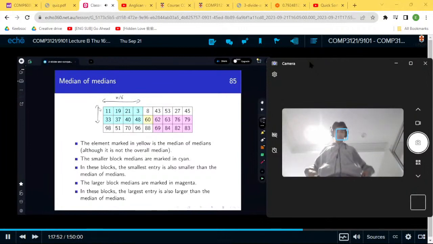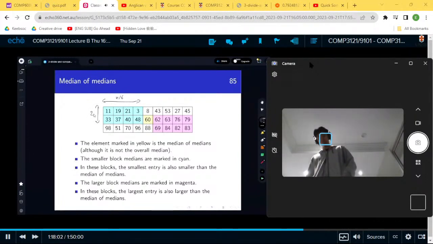In each of them, we could find 2 numbers that are smaller than the 60. So the 60 that we found, the median of medians, is larger than 1/3 of the numbers. And it's also smaller than another 1/3 of the numbers. Okay, so the median of medians might not be the actual median, but it's somewhere in the middle third.